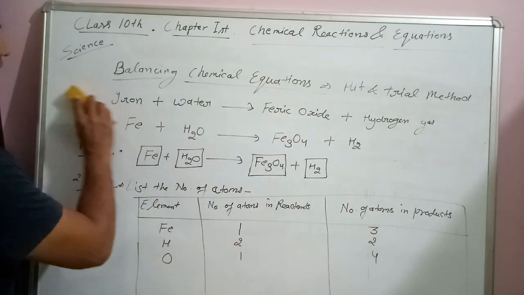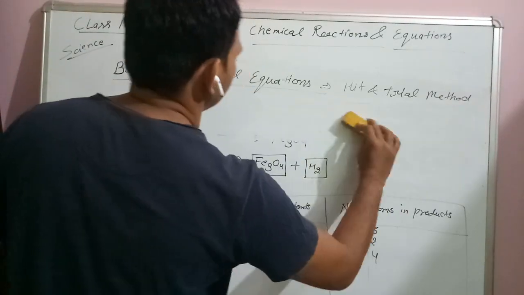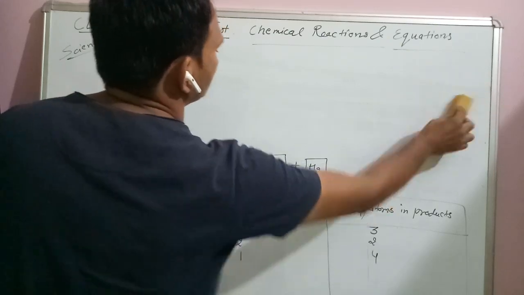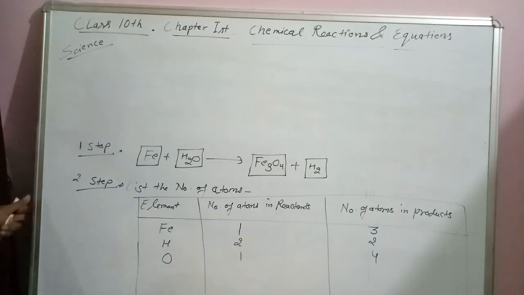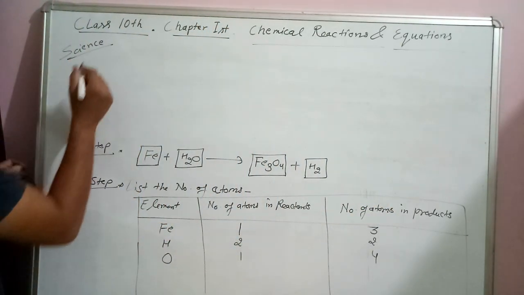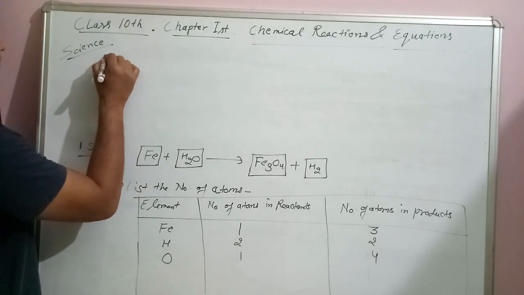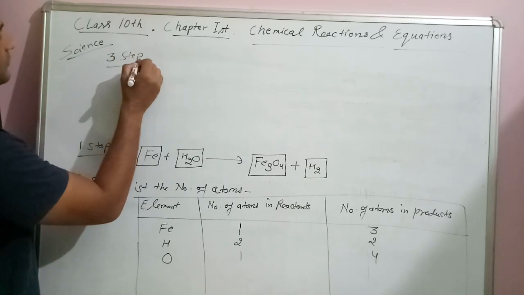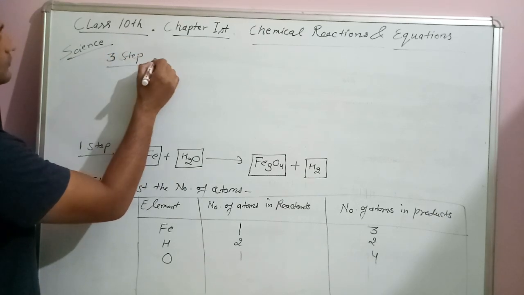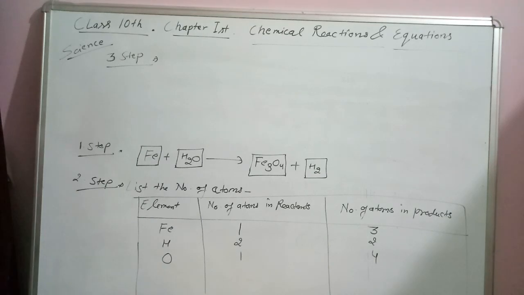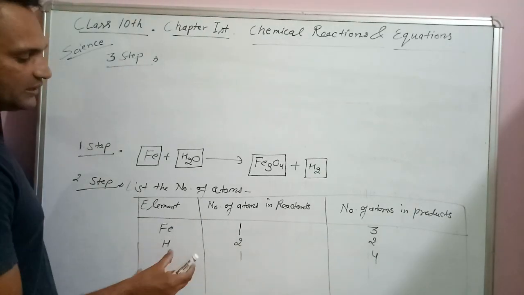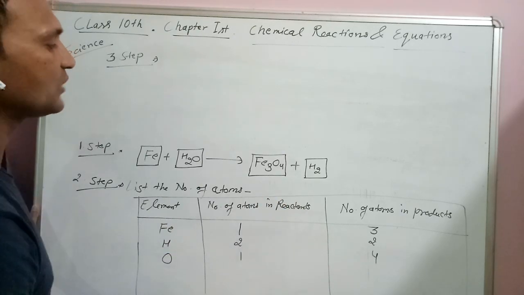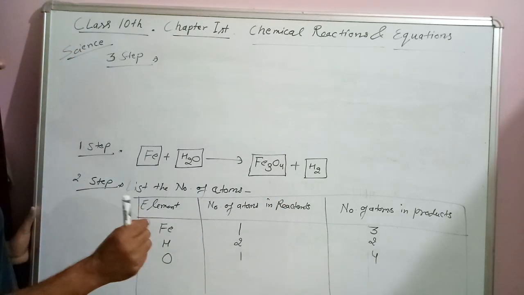Now in the third step, we take first the element having the largest number of atoms and try to balance that.